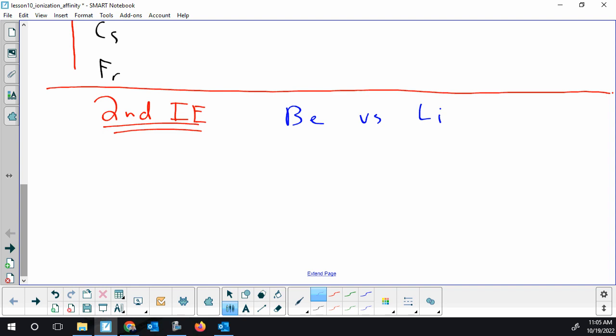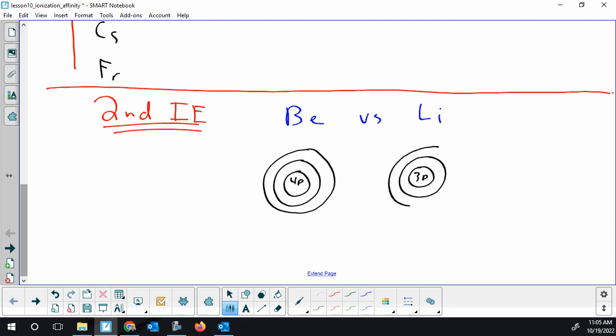This is really going to hinge on, are you removing one of those outer valence electrons, or are you removing one of those inner core? Beryllium is atomic number 4. It's got 4 protons, 2 energy levels. Lithium, atomic number 3, also has 2 energy levels. Beryllium, the atom, 4 valence. Lithium, just 3.